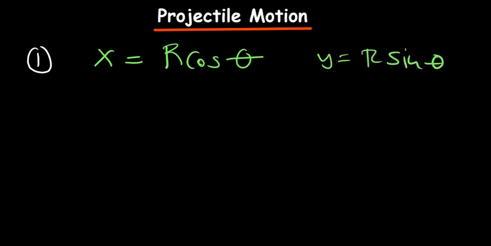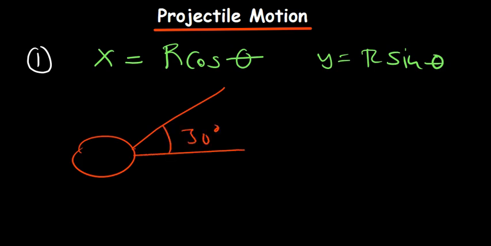Why is this important? This is important when you're talking about a ball projected at a certain angle, let's say 30 degrees. This is very key because you're going to be given a velocity, maybe 10 meters per second, or a ball is thrown at 10 meters per second 30 degrees above the ground.